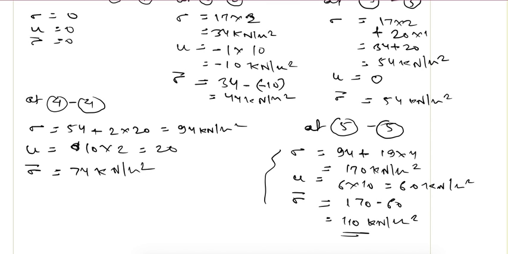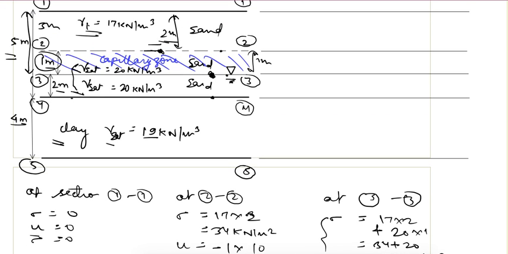So now we know all the values of stresses, so we can plot it here. Total stress can be plotted as we plotted it earlier. So here it is 0.